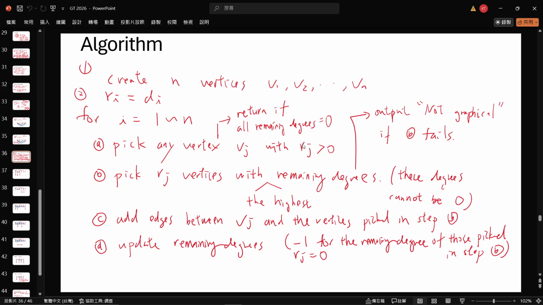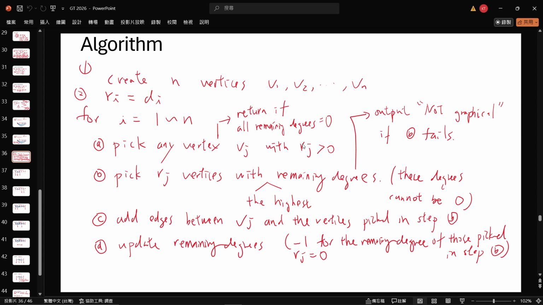So what this algorithm does is that, if the input degree sequence is graphical, we also want to have the graph. So we first create vertices. This one is simple because just by looking at the degree sequence, you know the number of vertices. If the degree sequence has n numbers, you create n vertices.